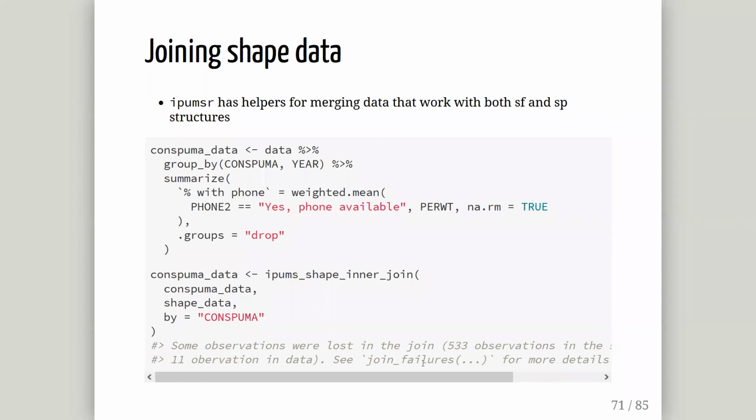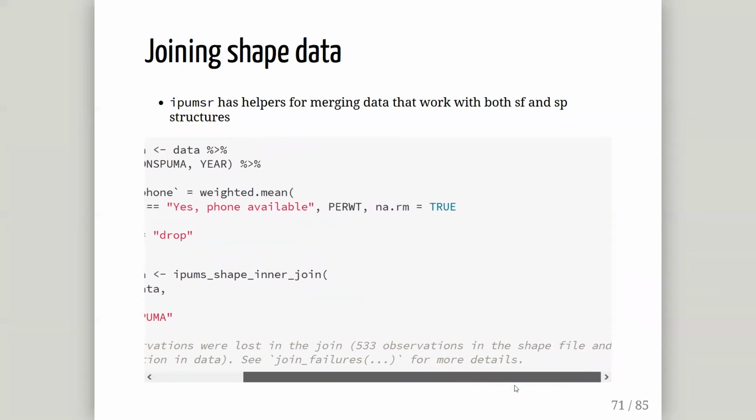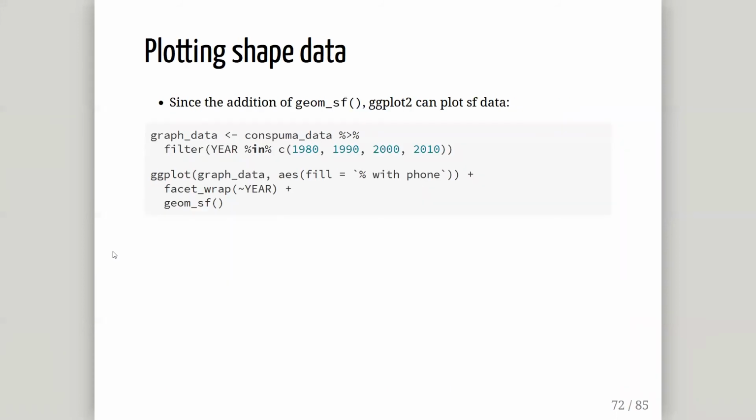We get these messages about dropped observations because our microdata only includes people from Minnesota, to keep it as a small example data set. So all the ConsPUMA units that are not in Minnesota get dropped out here. With the addition of the geom_sf function in ggplot, it's easier to make a ggplot graph with those data.